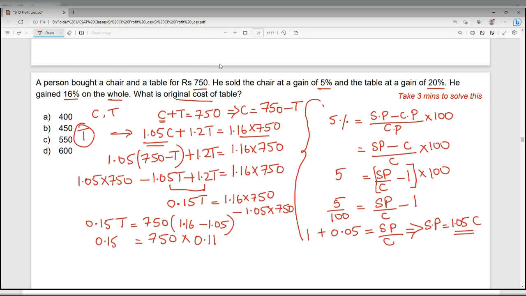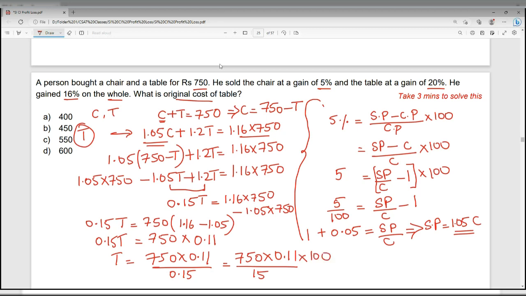T is equal to 750 into 0.11 divided by 0.15, and this can also be written as 750 into 0.11 divided by 15 into 100, since 0.15 is 15 by 100.